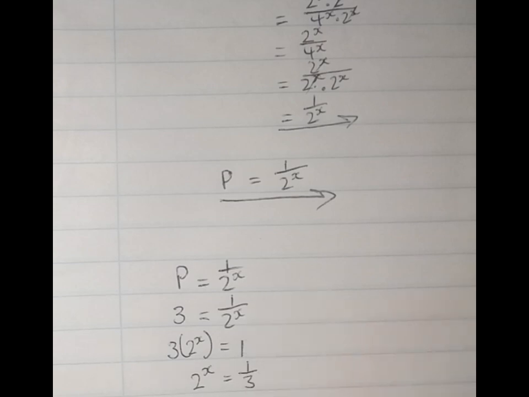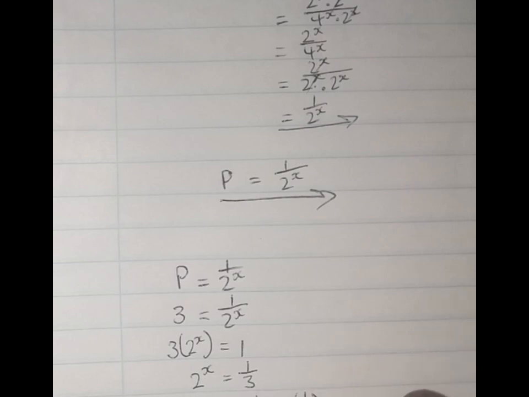Now let's keep in mind that x is an exponent here. So how do we find the exponent given this situation? We'll just say that x is equal to the logarithm of 1 over 3 using base 2. Right?